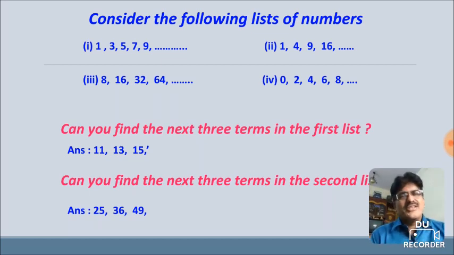Fourth: 0, 2, 4, 6 and so on. Can you find the next three numbers, that is terms, in the first list? Yes, good. They are 11, 13 and 15. Students, can you find the next three terms in the second list? Yes, they are 25, 36, 49.